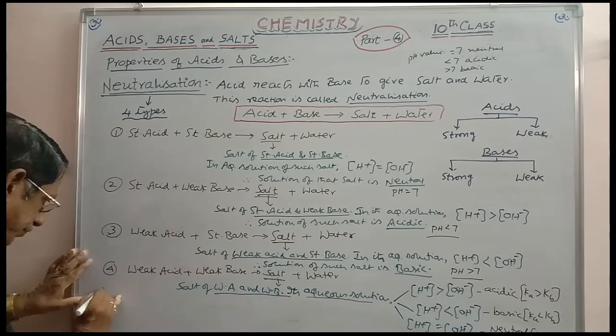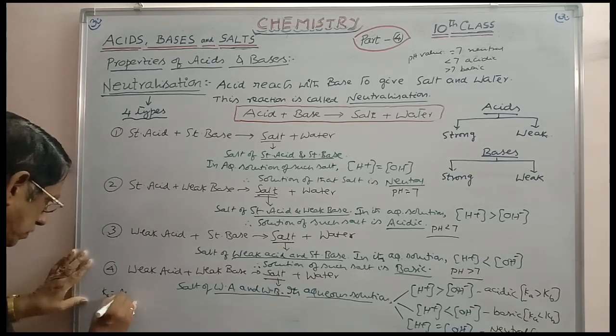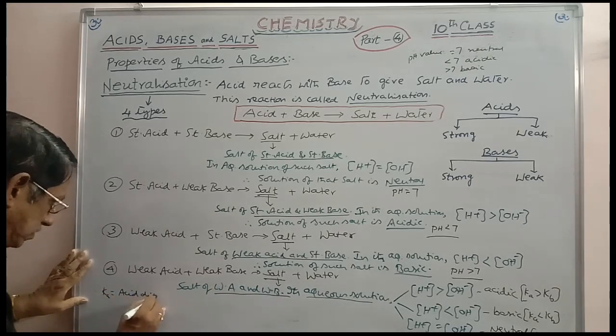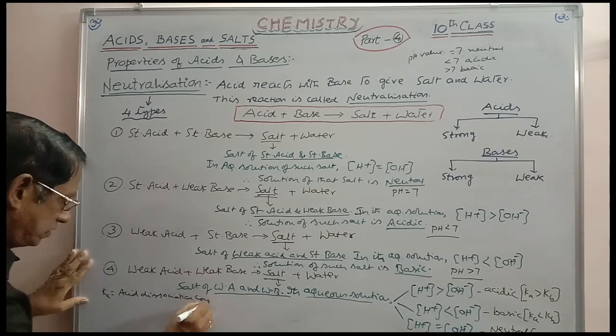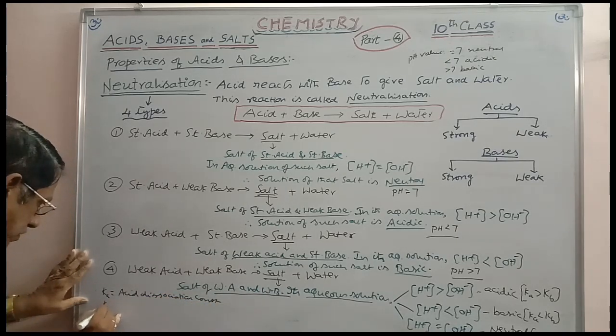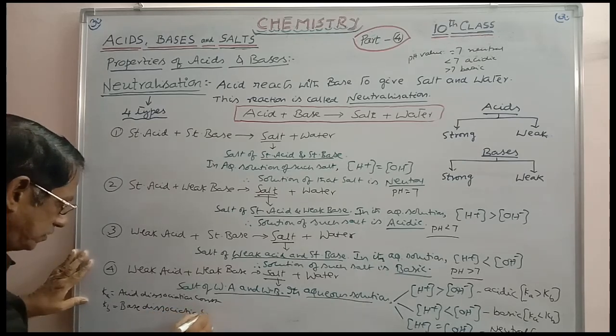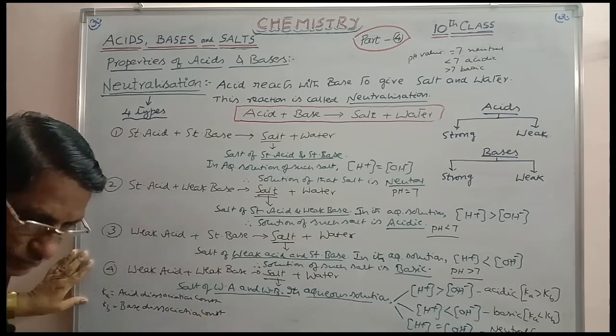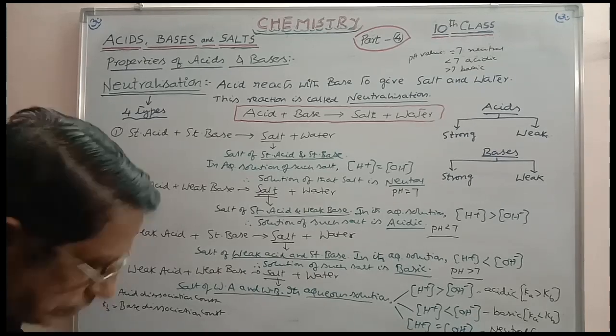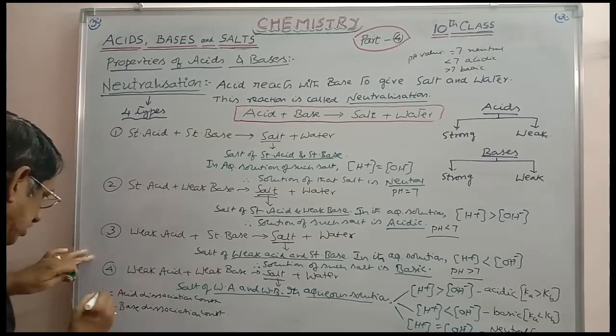Here I am writing Ka is equal to acid dissociation constant, Kb is equal to base dissociation constant. And of course, you have to apply these to discuss that character.